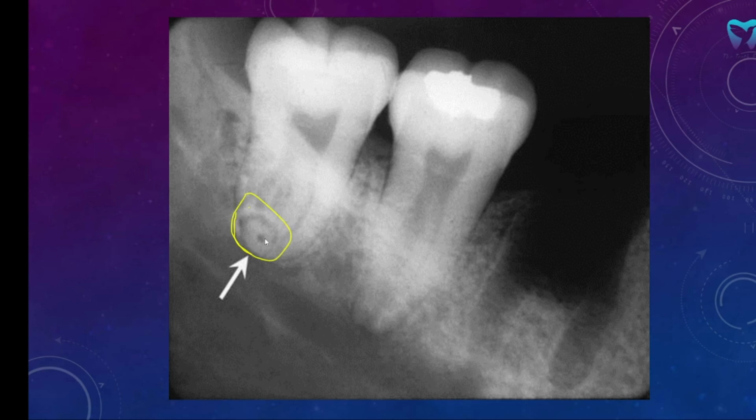Then we have a radiolucent center, that is the apical foramen or the apex, and then we have the PDL space. So this is dilaceration if present labially or lingually.